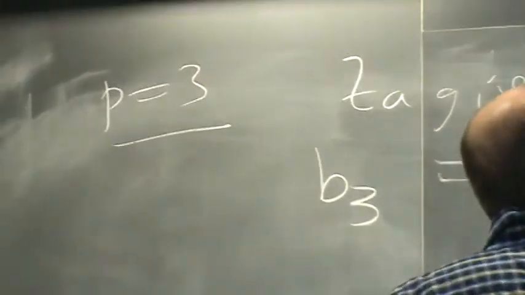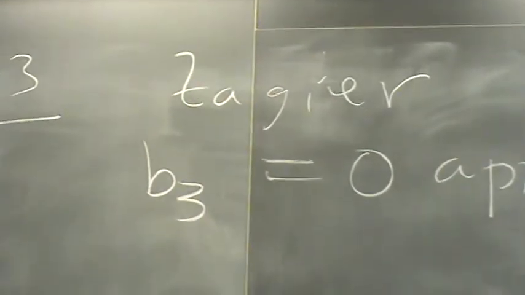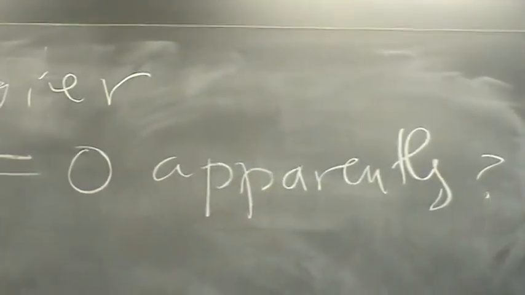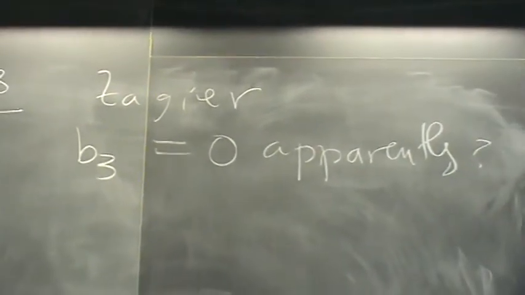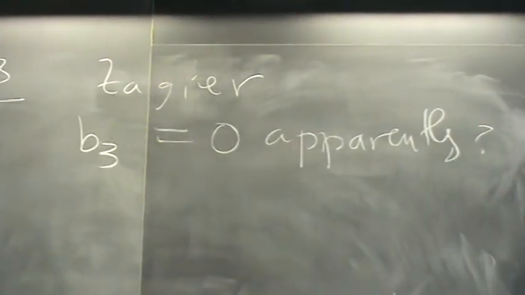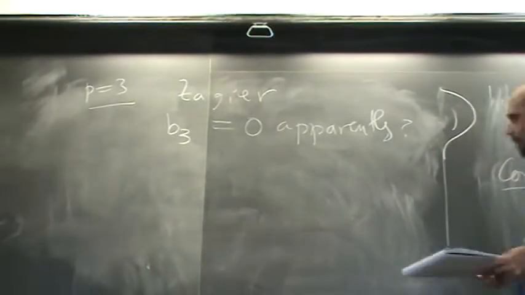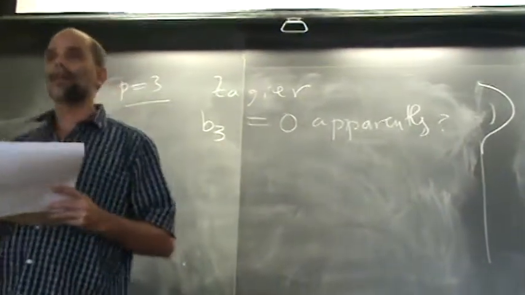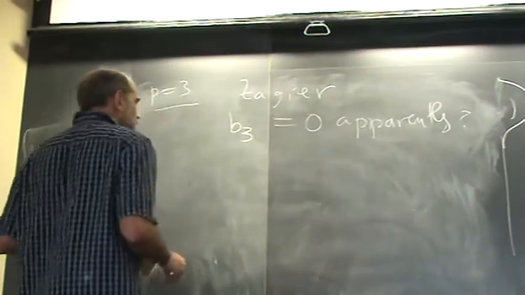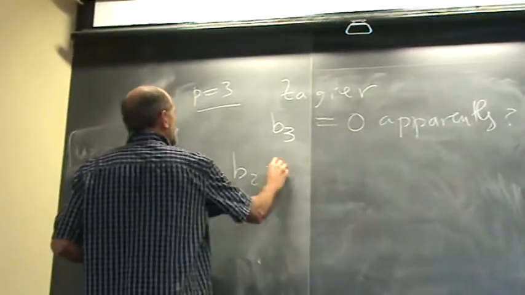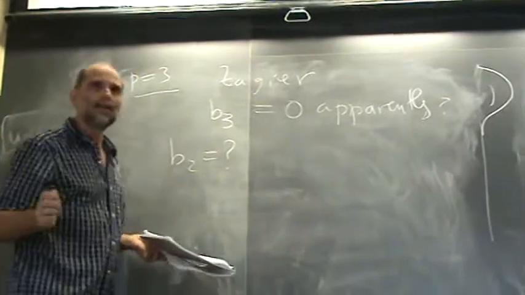That is to say, he computed for many n's and studied the congruences between the two sides of the original question, and the congruences behaved in a way that was equivalent to saying that this third coefficient was equal to 0, and he asked the question, what is B2, which is not 0?